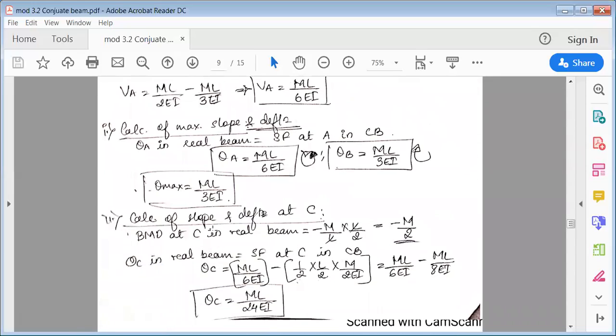Directly we can start calculating the slope and deflection at C. Theta C in real beam is equal to shear force at C in conjugate beam.